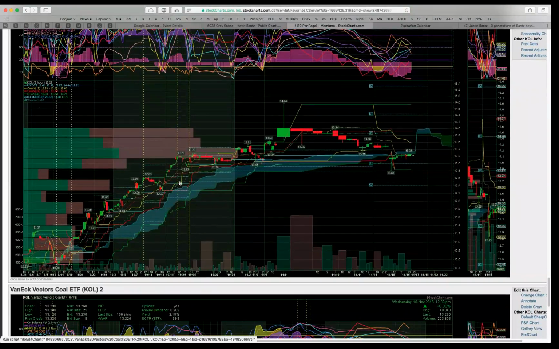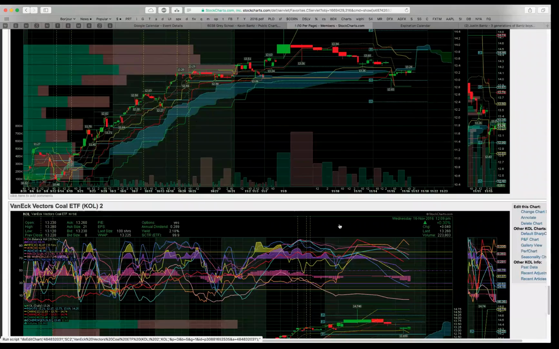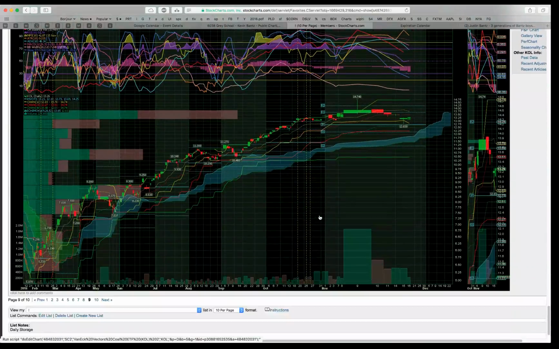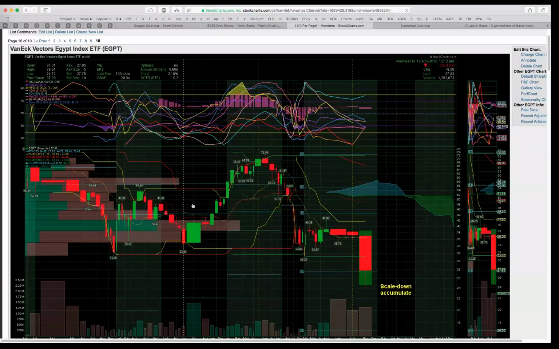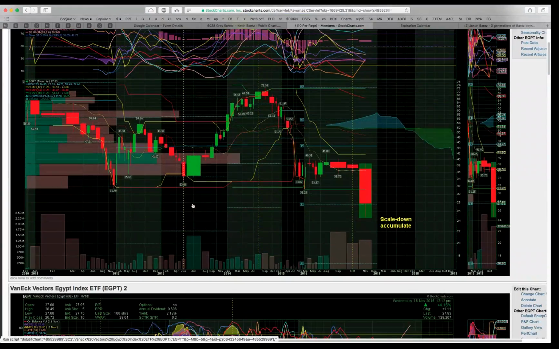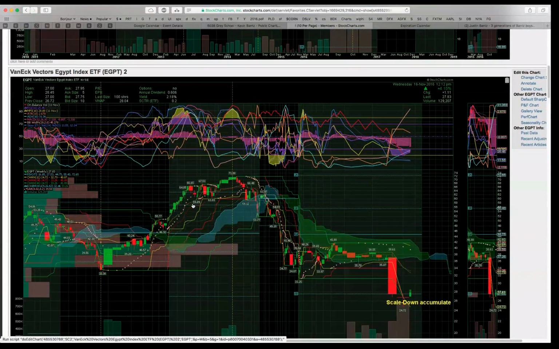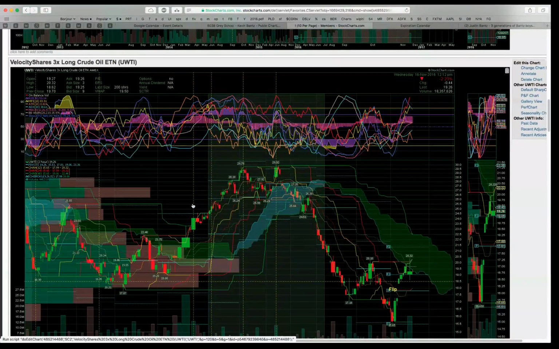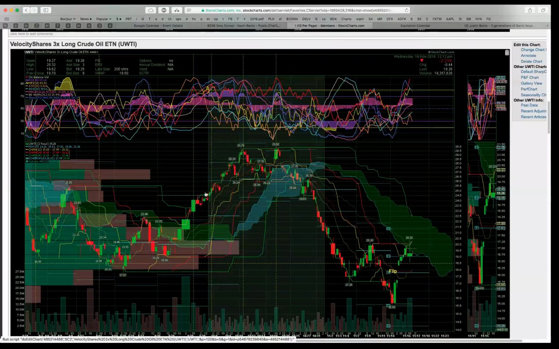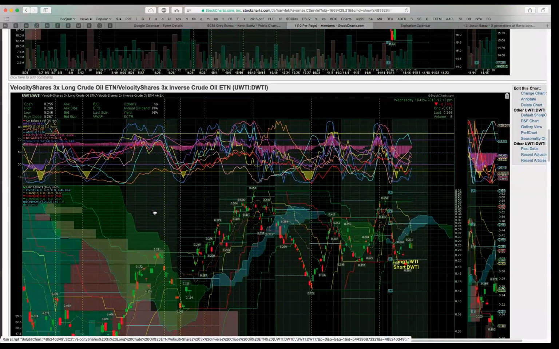Okay, cool. This looked like a head and shoulders kind of thing. Okay, Egypt again, we looked at that. Yeah, getting a little frothy here on the old unbalanced volume on oil.